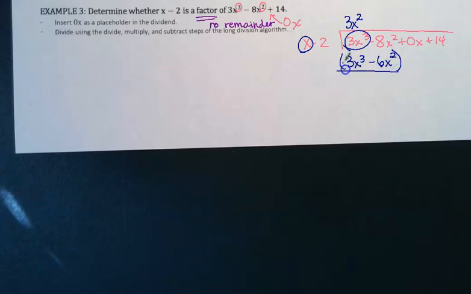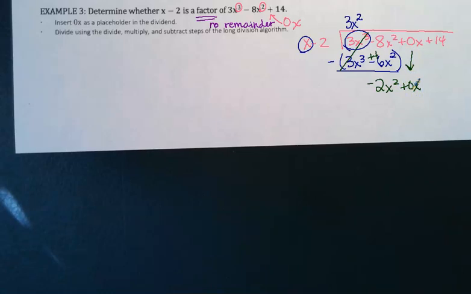I'm subtracting these. So 3x cubed minus 3x cubed cancels. Negative 8x squared minus negative 6x squared is the same thing as plus a positive. So negative 8 plus 6 gives us negative 2x squared. And we bring down our 0x.